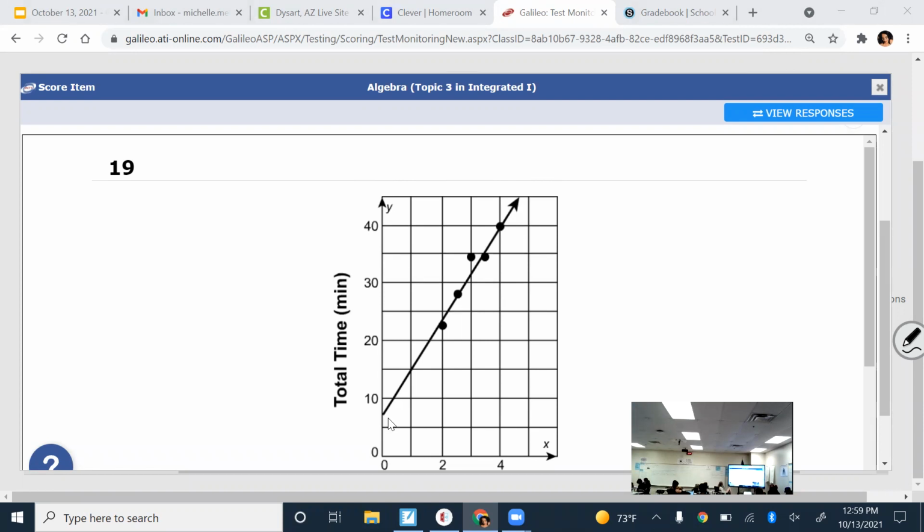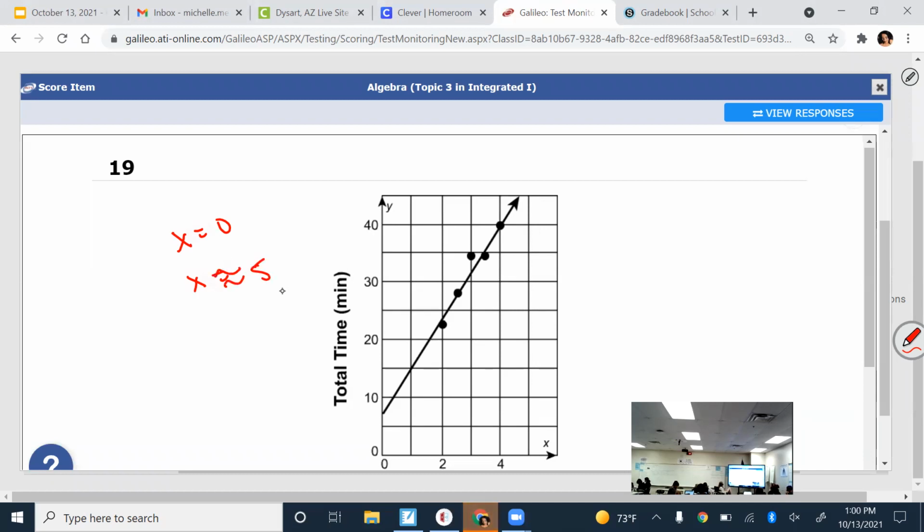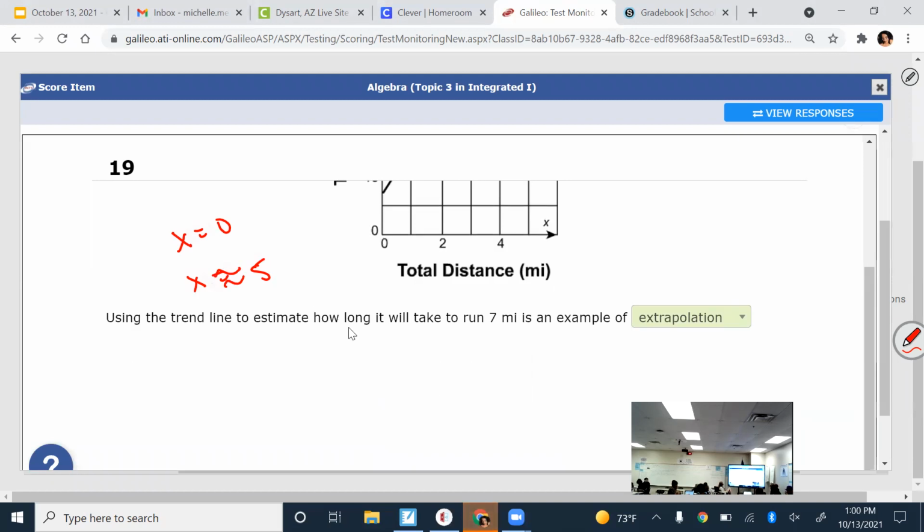What X value does my data start at? 0. So it starts at X equal to 0 and it ends at X equal to what? 5. So almost 5, 2, 3, 4, 5, like somewhere before 5. So we'll say about 5. So then when it says to estimate how long it'll take to run 7 miles, 7 miles goes with the X's down here.